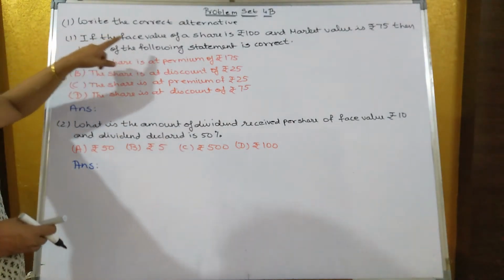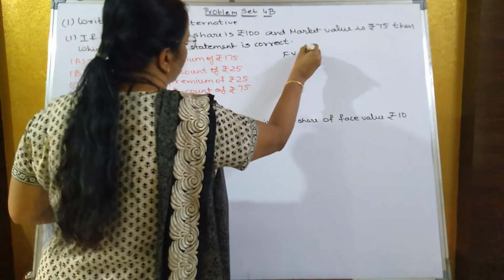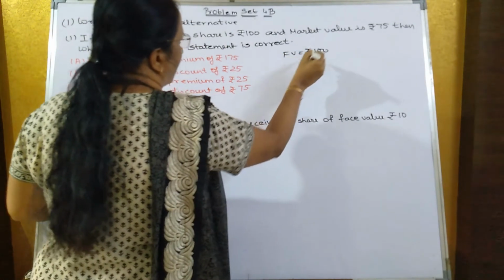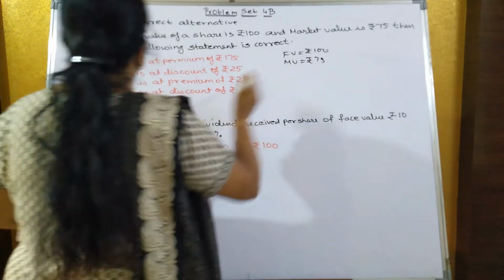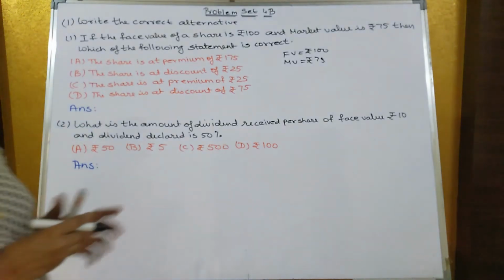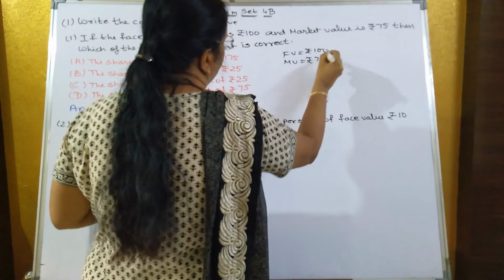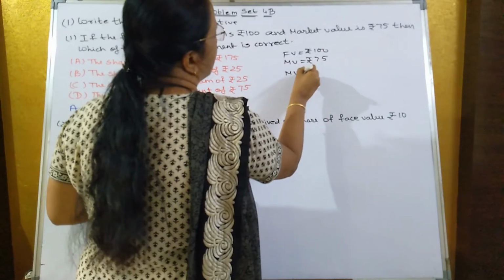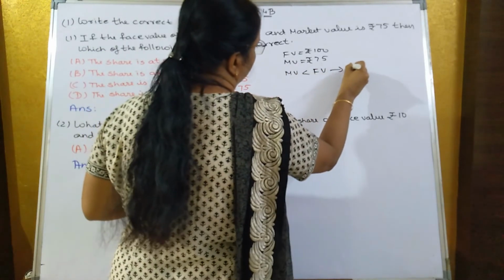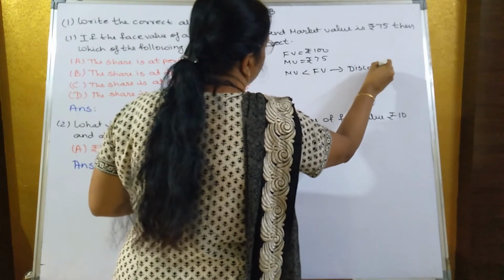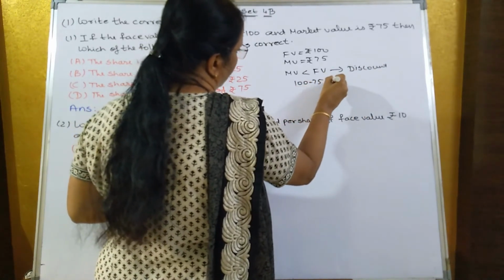First sum, if the face value of a share is rupees 100, and market value is rupees 75, then which of the following statements is correct? Market value is less than face value, so it will be a discount. How much discount? 100 minus 75, that's equal to 25.